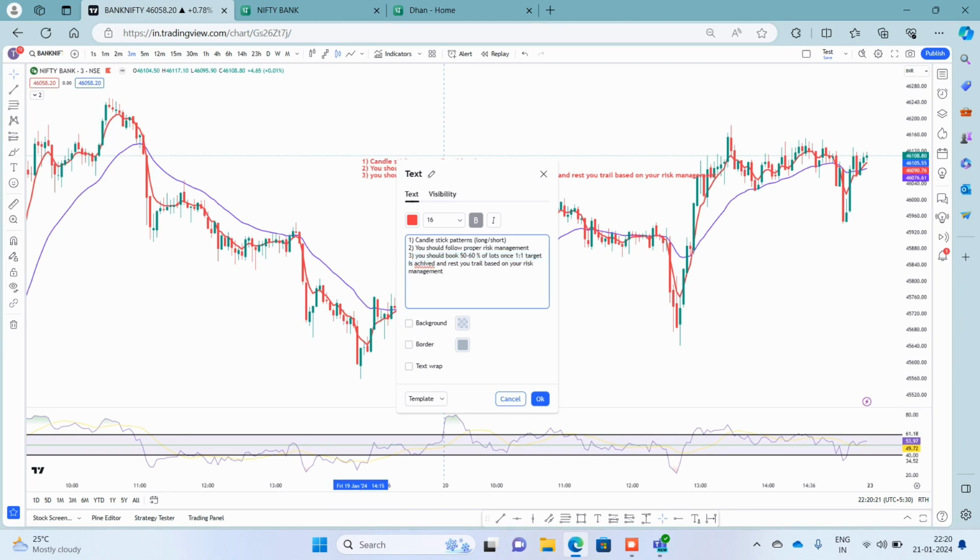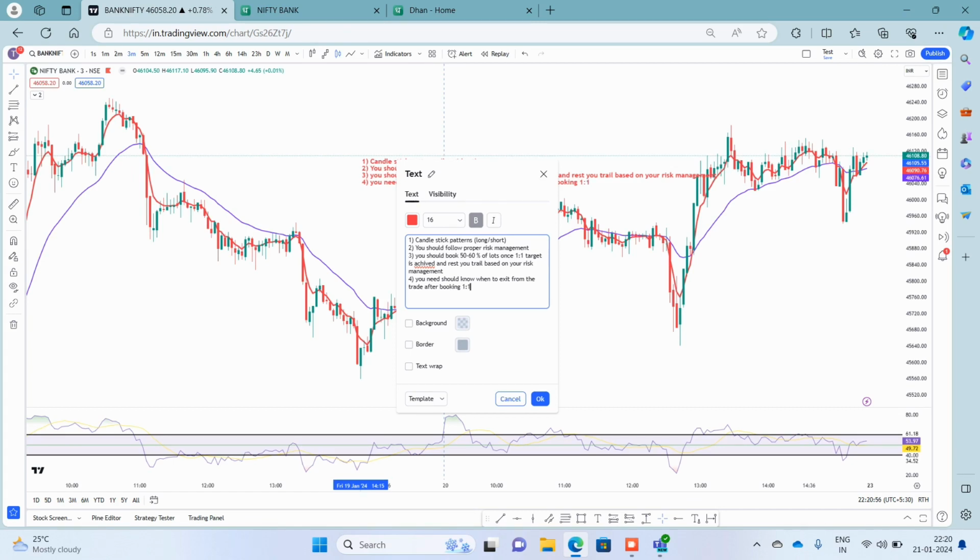And what is the fourth condition that we need to follow using this strategy? The fourth condition is you should know when to exit from the trade after booking 1:1.